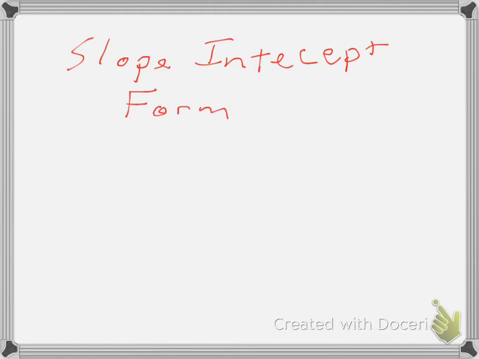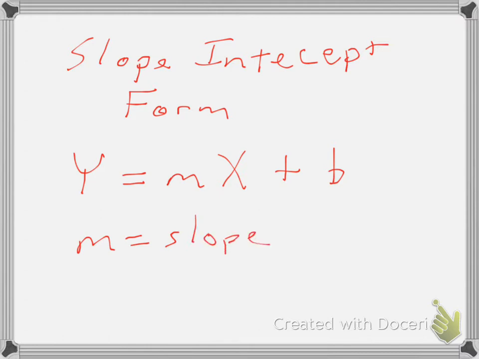And that is y equals mx plus b. M is our slope, and b is the y-intercept. That's the place where the line crosses the y-axis. Okay, so take a second and get that down.